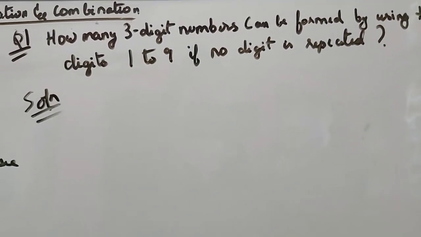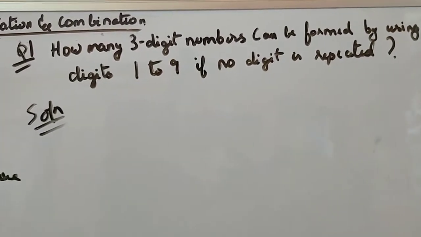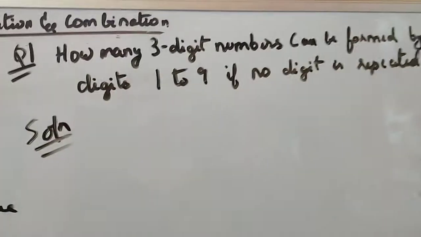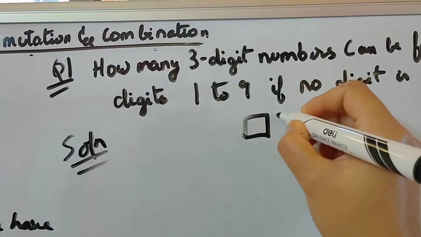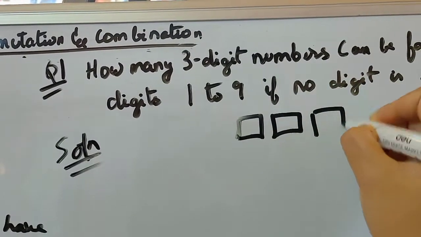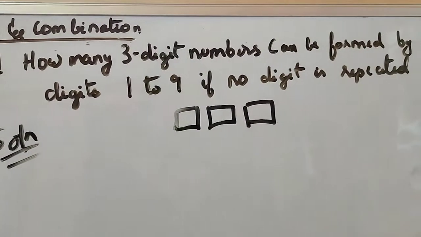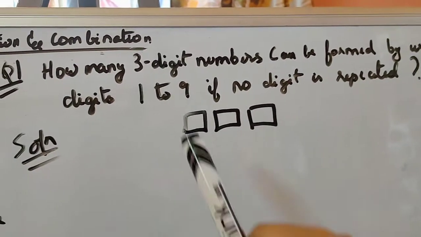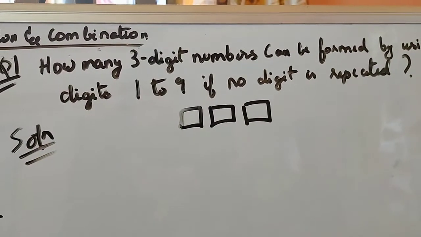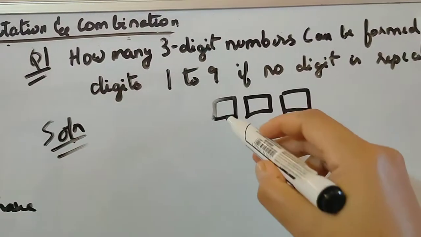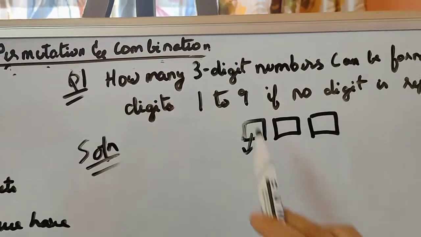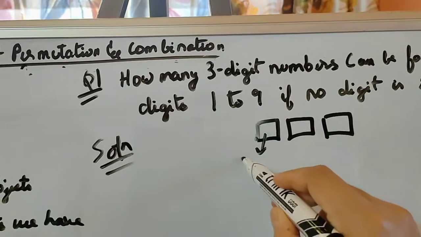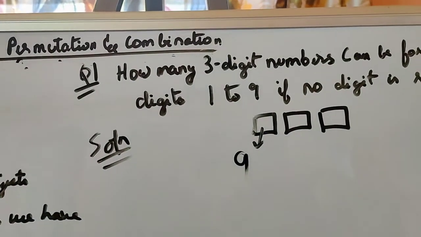In exercise 7.1 also you have done a similar type of question. For a 3-digit number, what we used to do is make 3 boxes. Since no digit is repeated, in the first place I have options from digit 1 to 9, that means 9 numbers.